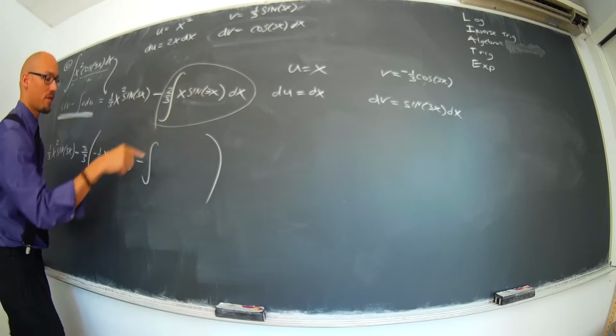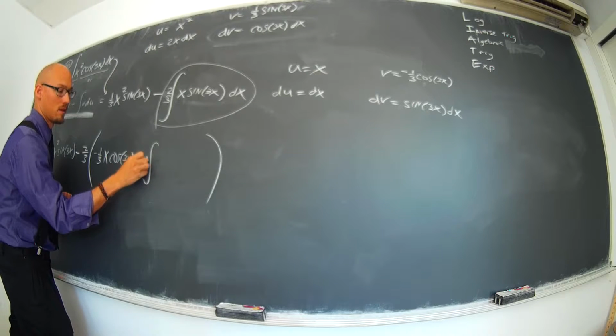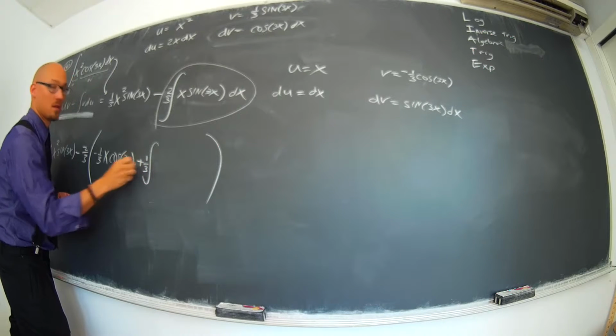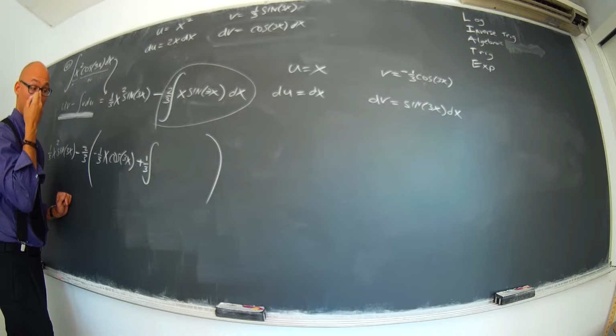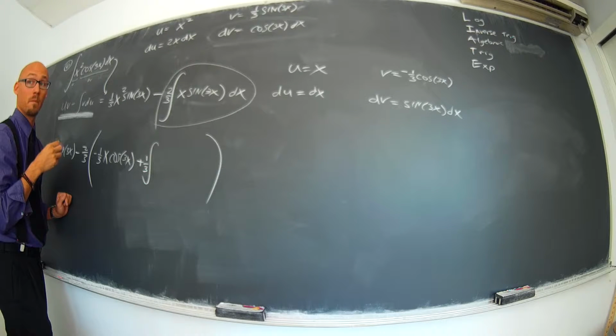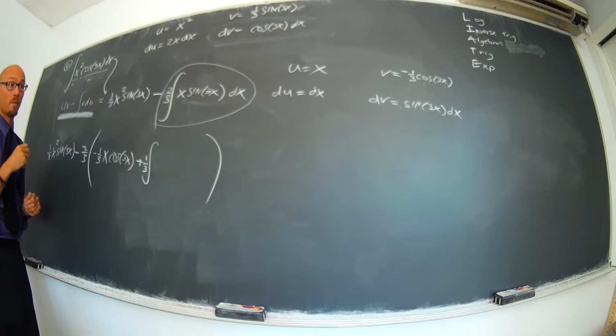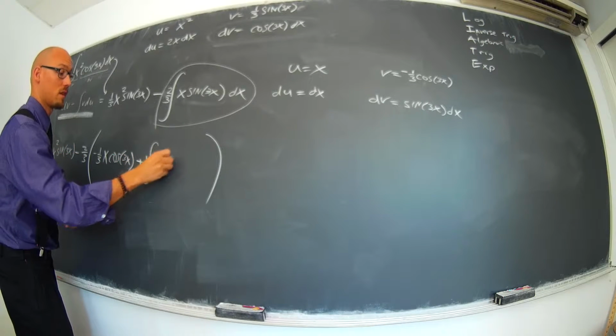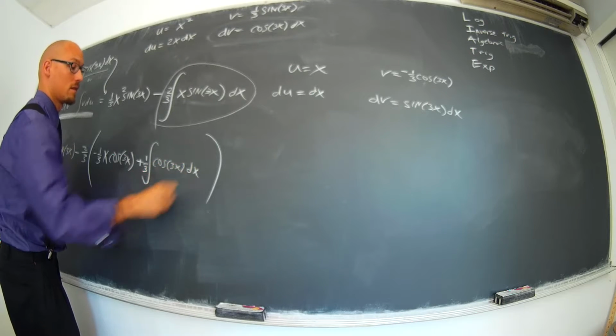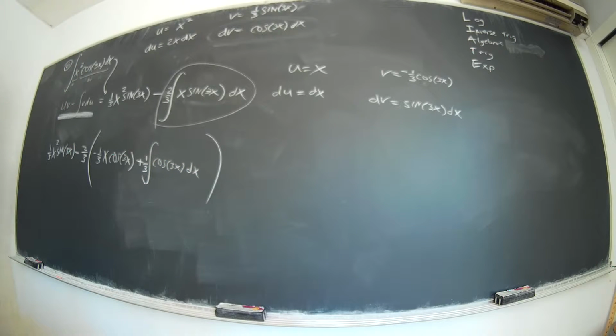So that negative 1/3 I'm going to pull out front. Minus the integral of cosine of 3x dx. Whoa, this is a gnarly problem. 1/3 times du, which is dx.